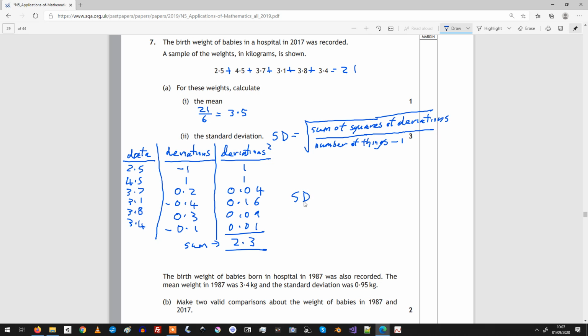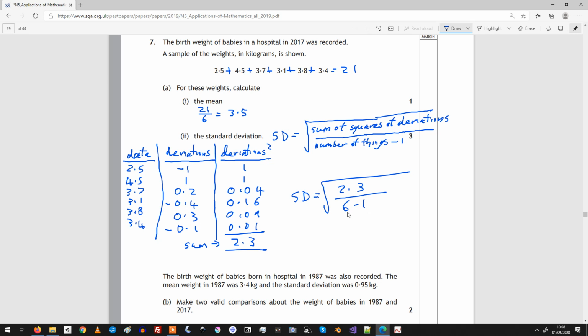So the standard deviation is equal to the sum of the squares of the deviations, 2.3, over the number of things there are, take away 1. In the marking guidelines, they want you to write 6 take away 1 to sort of prove that you know what you're doing.